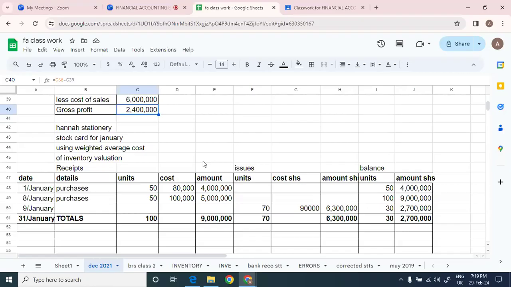Residue or scrap value is the value at which the asset should be sold at the end of its useful life. That is residual value.